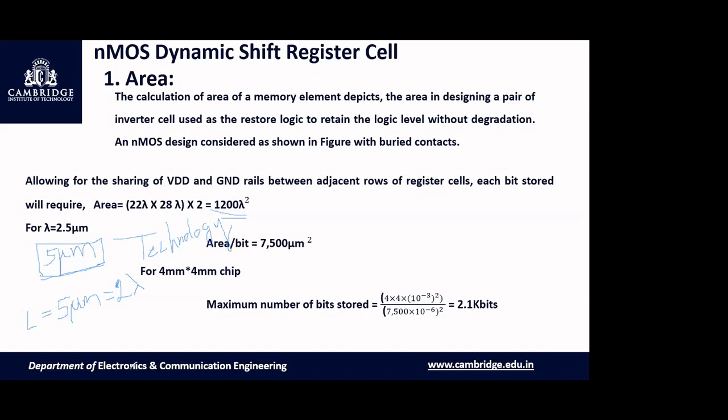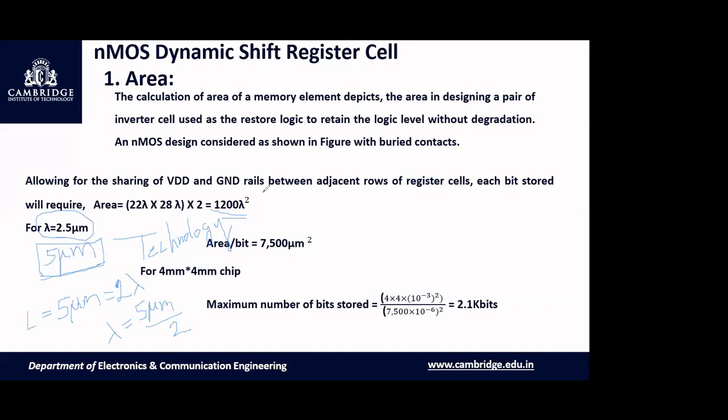If the channel length is 5 micrometer, then in terms of lambda it will be 2 lambda. Then your lambda value will be 5 micrometer divided by 2. So therefore, you will get 2.5 micrometer. Understood? So that you have to substitute here, that's all.